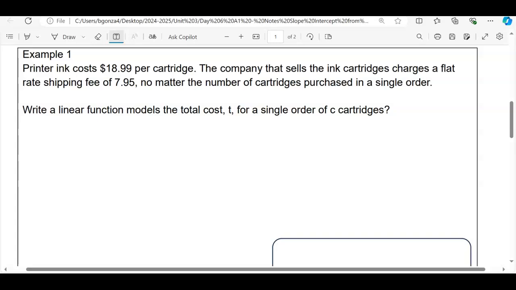Ready? Everyone's looking, right? So when you see a word problem like this, you don't want to be asleep. You want to read it. Please promise me you'll at least read it. Okay? Let's do that. Printer ink costs $18.99 per cartridge.